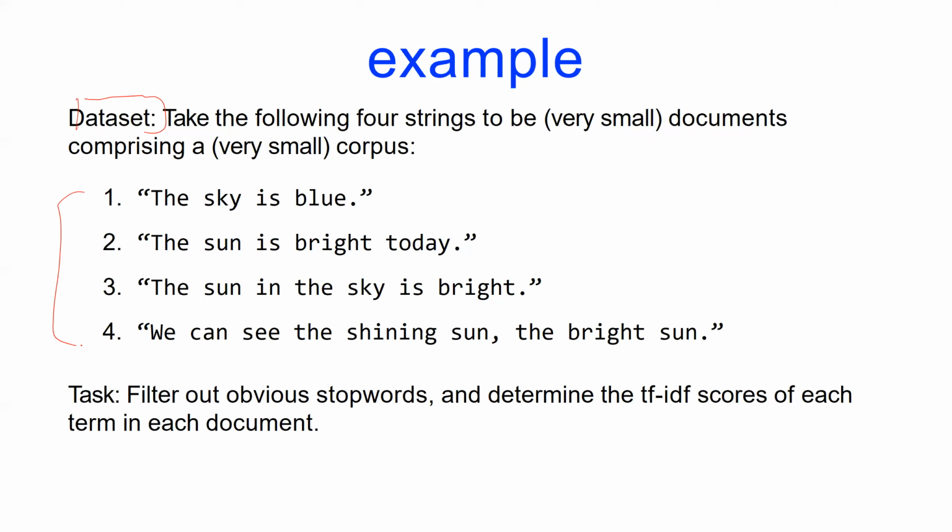So now let's imagine each sentence is a piece of document, so we have a corpus consisting of four documents. The task is to analyze these texts. First we need to filter out some obvious stop words and then determine the TF-IDF score of each term in each document.